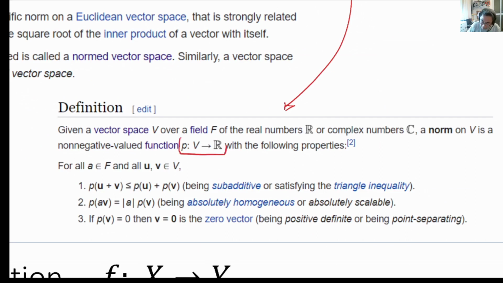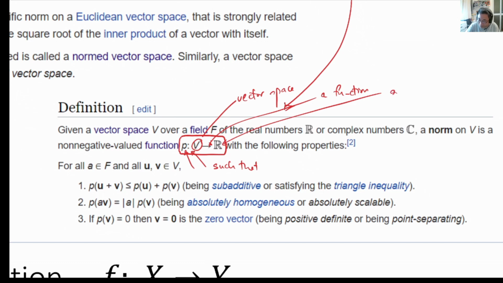Let's focus on this notation, which is often used to describe a norm. P is a function, and the colon means such that. V here means the vector space, and the right arrow here means a function that gives an output of a real number.